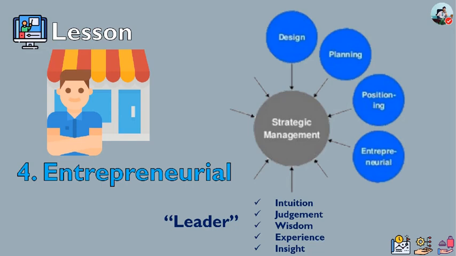Here, the central role of strategy formation lies with the leader, whose intuition, judgment, wisdom, experience, and insight are at the heart of decision making. So the leader's vision and his or her leadership style influence the organization's strategic posture.